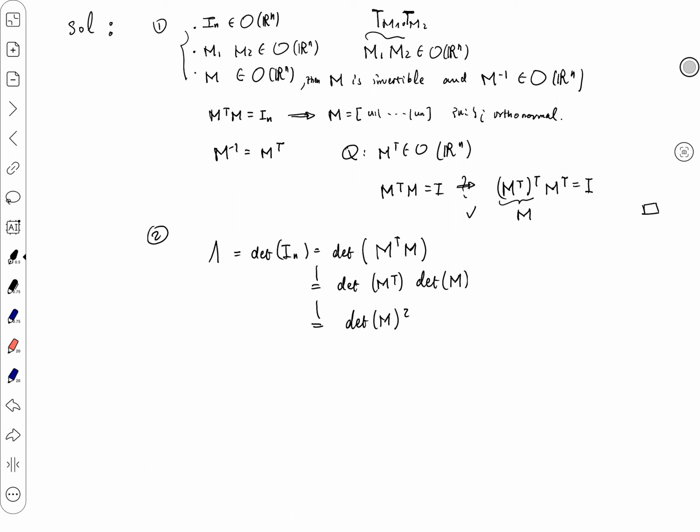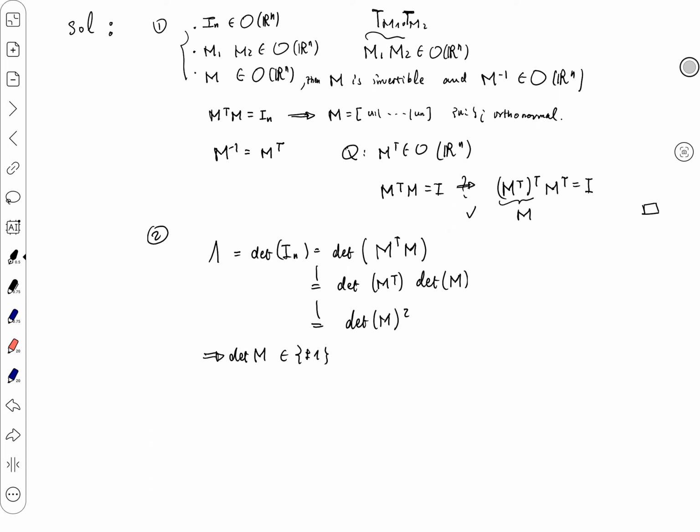You could also use cofactor expansion, so the determinant could be computed by a cofactor expansion along an arbitrary row or column. So cofactor expansion along the first row of M corresponds to cofactor expansion along the first column of its transpose, so they give you the same result. And so this implies the determinant is plus or minus 1.